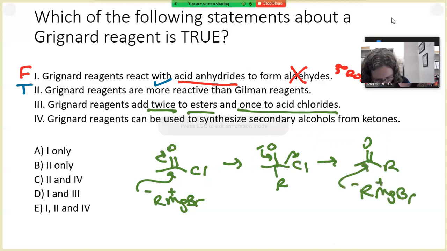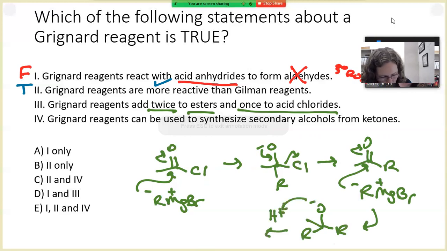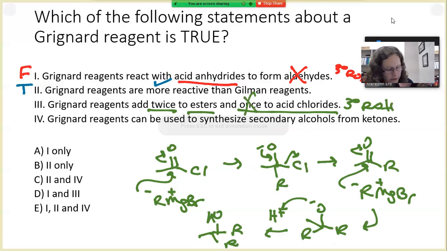So we know right away that this statement is false because we are going to add two times to our molecule here. And the final product is essentially a tertiary alcohol, just like we saw with the acid anhydride. So tertiary alcohol, and so the once part there is false.